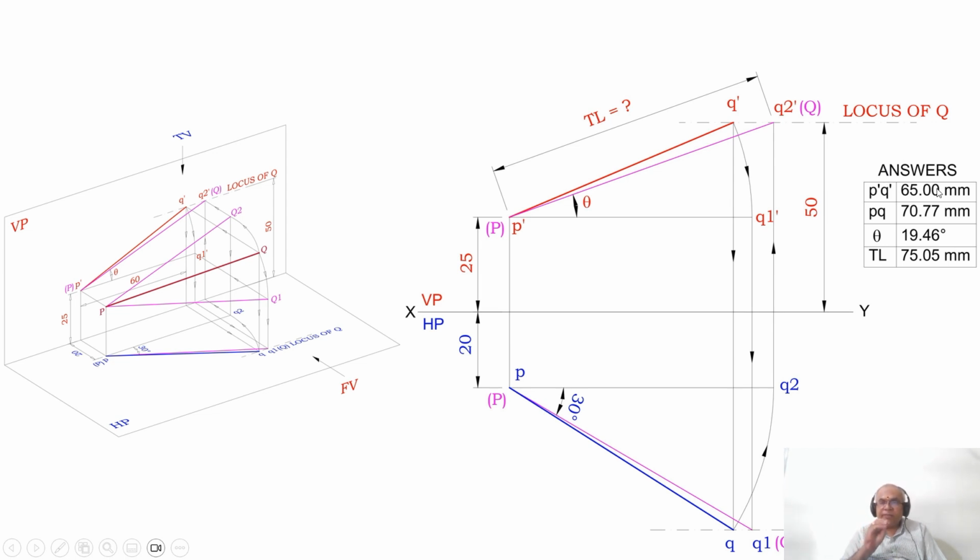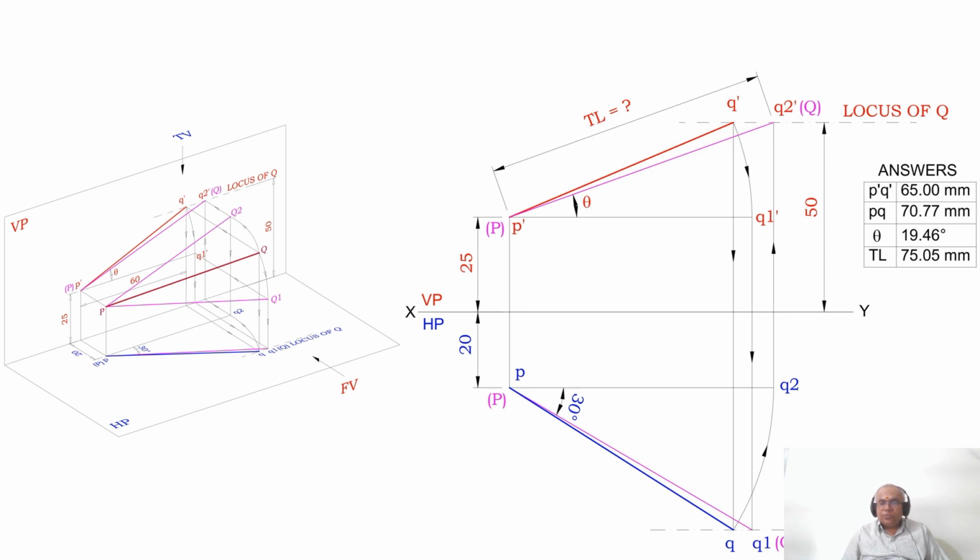But since we are doing it manually, P dash Q dash will be 65, PQ will be equal to 71 mm, theta will be equal to 20 degrees, and true length will be 75 mm. So this is how you will be able to analyze and draw the solution by using the sketchbook.